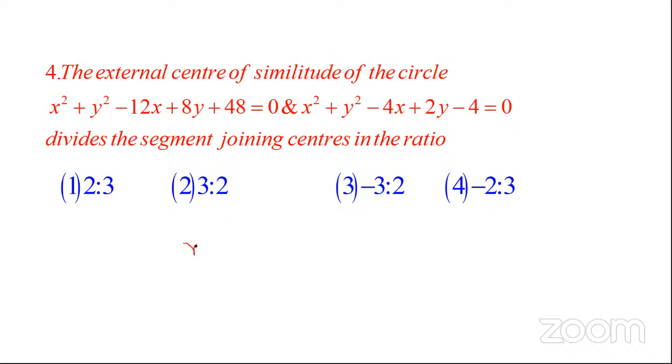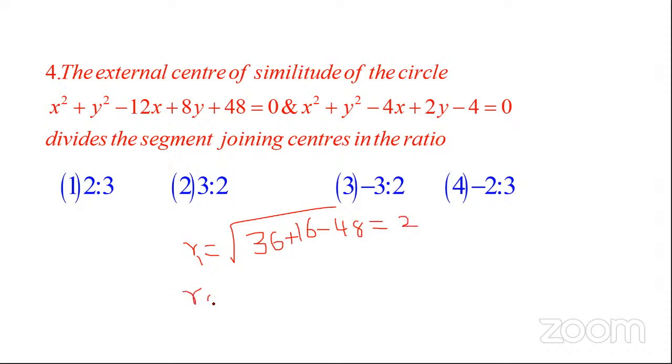First the R1 value: under root of 36, center value (6, minus 4), plus 4 square 16 minus 48. Similarly this value is nothing but 4, that is 2.